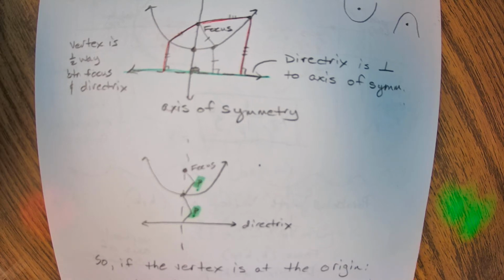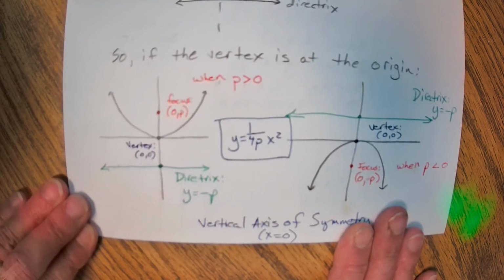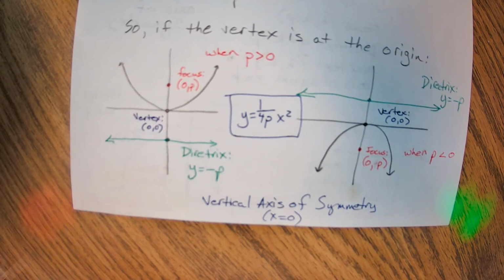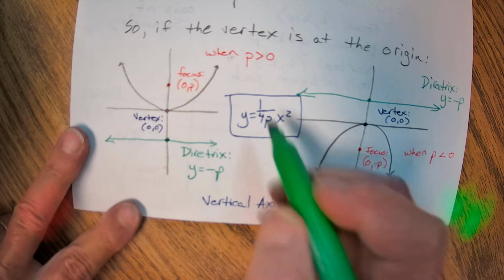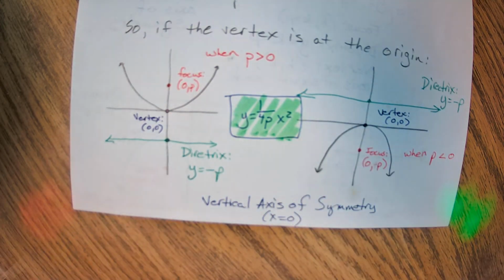So when the vertex is at the origin and the parabola points up or down, this is the equation of the parabola.